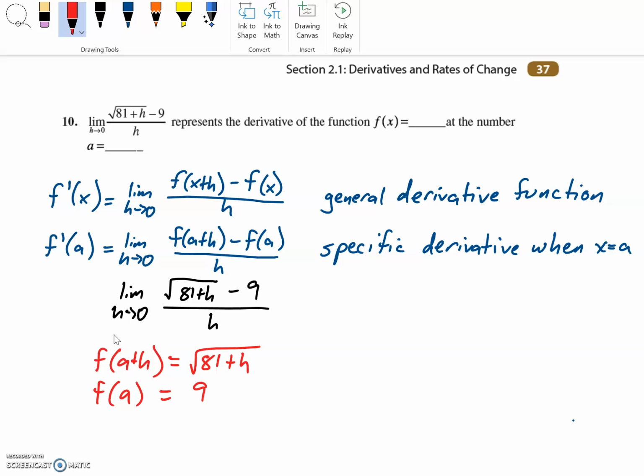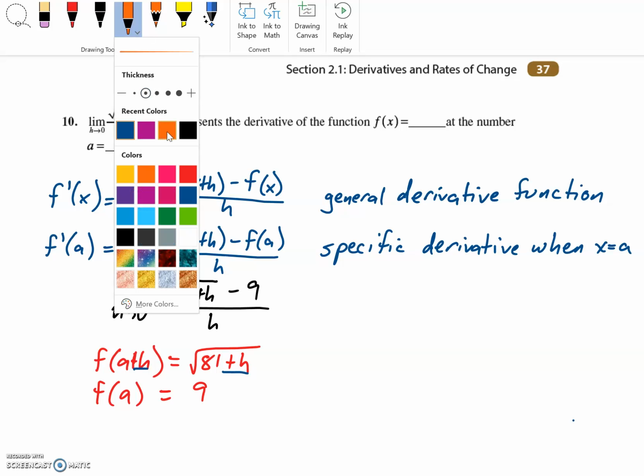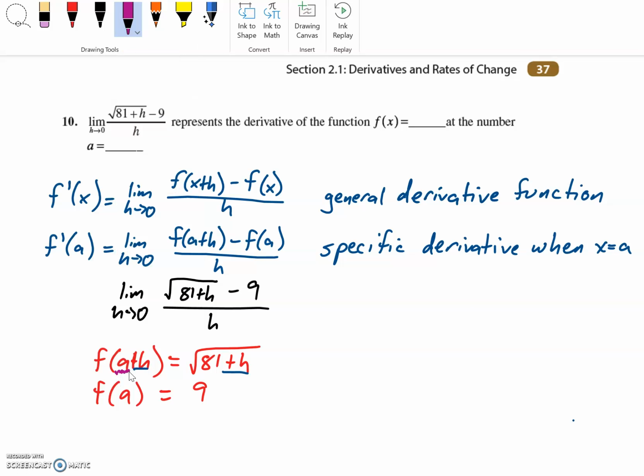Now, the nice thing about this is we can kind of piece our way through this a little bit and say, hey, wait a minute. If I have the plus h portion of this, then the a portion of this, let me use a different color, maybe purple might come out a little bit more clear, so a here has got to line up with 81.